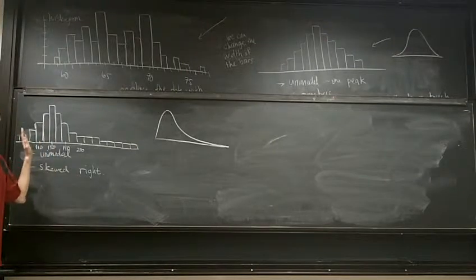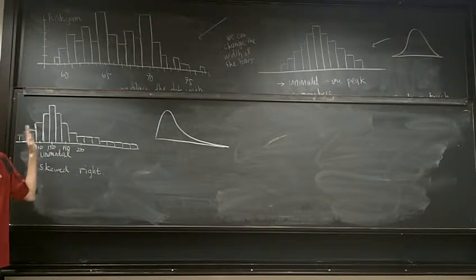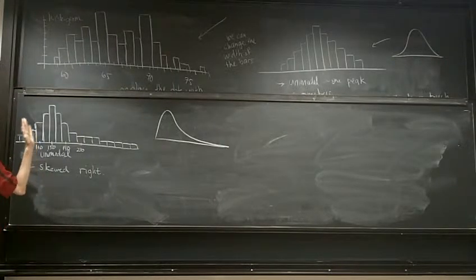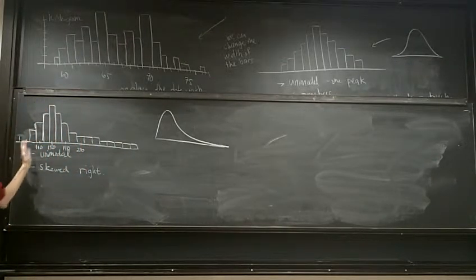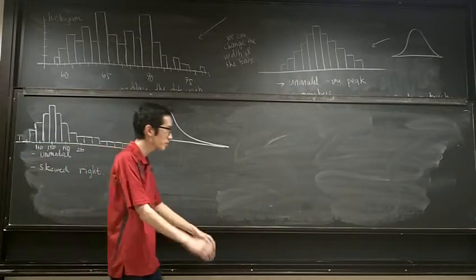But you hardly have any women who weigh much less than 100 pounds, okay? Maybe 90 pounds, but you certainly won't find any adult women who weigh like 20 pounds, okay? That's just not possible, right?